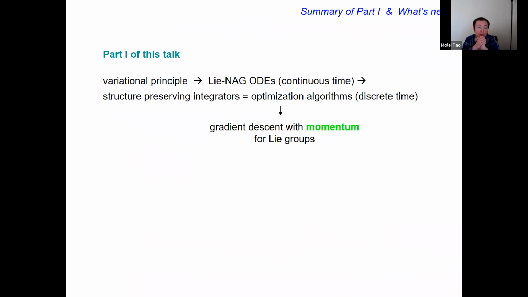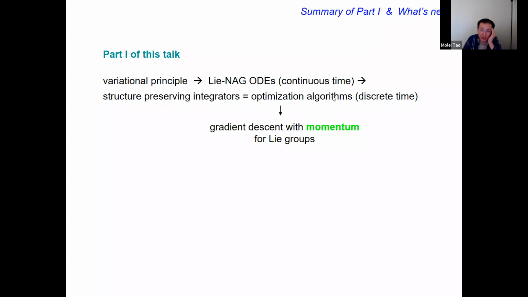So let me summarize. We constructed a variational principle from which we were able to derive ODEs that evolve on Lie groups and do optimization in continuous time in a nested accelerated gradient fashion. And then we have to discretize these dynamics very, very carefully. Then we get structure-preserving integrators, which are basically our optimization algorithms, which operate in discrete time.